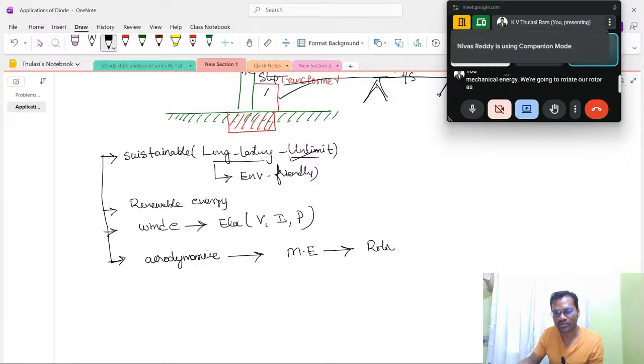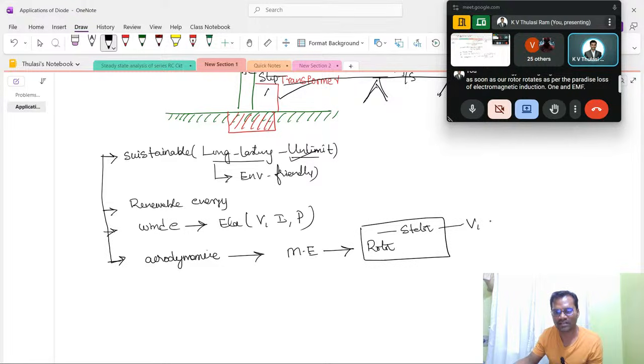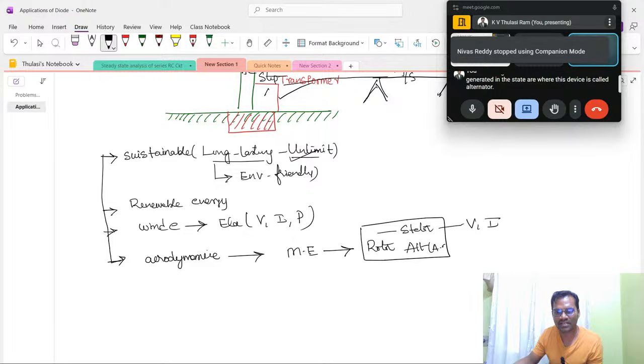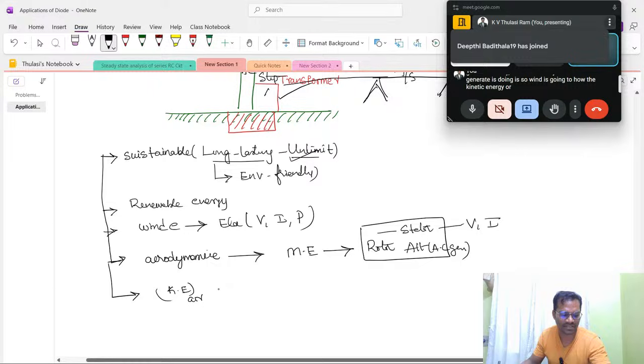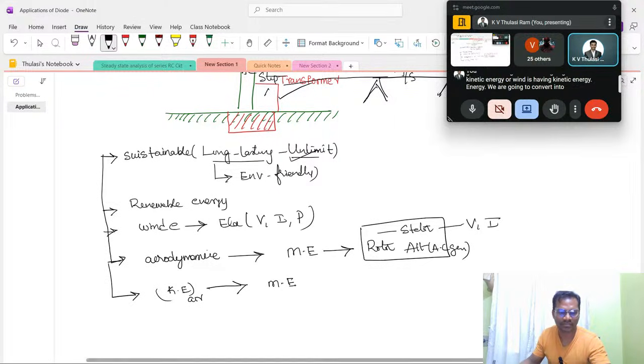As soon as the rotor rotates, as per Faraday's laws of electromagnetic induction, an EMF is generated in the stator of this device, which is called an alternator, also called an AC generator. So what the wind turbine generator does is this: wind has kinetic energy, and we convert that kinetic energy into mechanical energy.